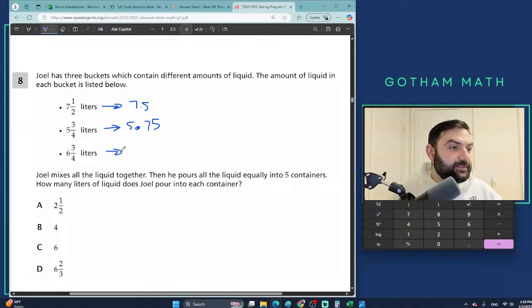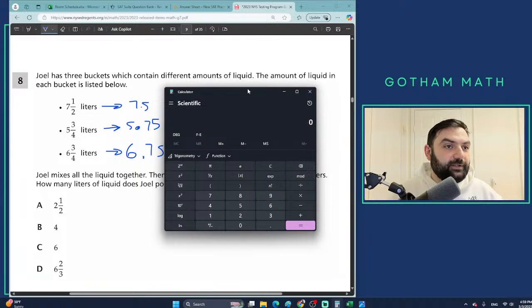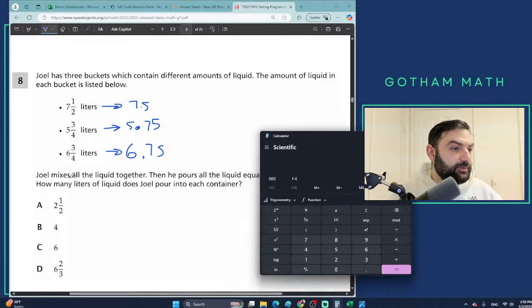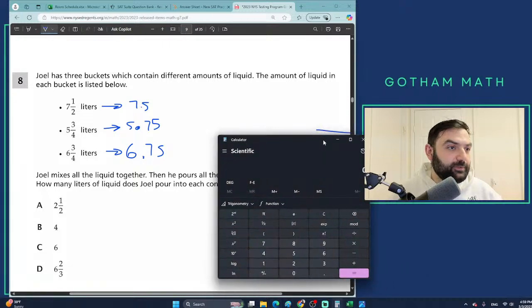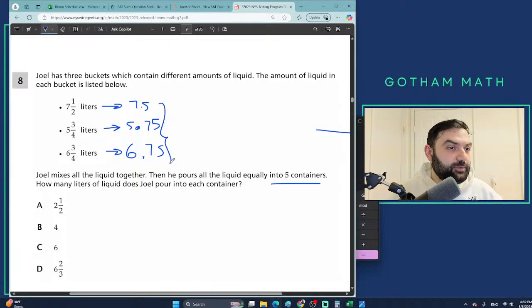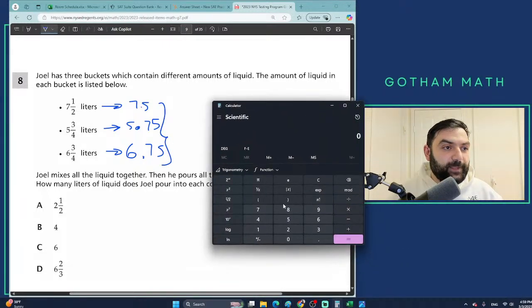And this is 6.75. Just by knowing this, it's enough to take the calculator and add it all, because he mixes it all together and then just divides by 5, equally into 5 containers. So all we have to do on the calculator is add it all up and divide by 5, and that will be the answer.